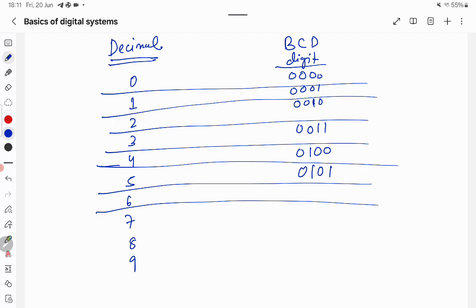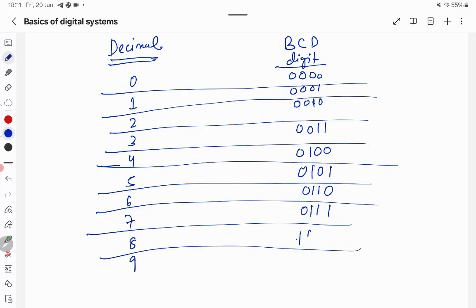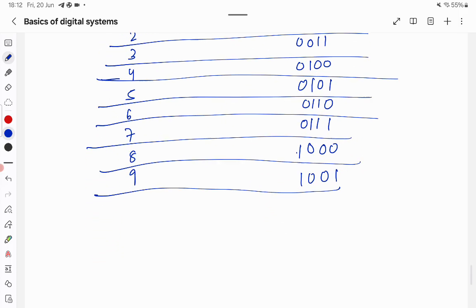Sixth one will be 0 1 1 0. Seventh one will be 0 1 1 1. Eighth one will be 1 0 0 0. Ninth one is 1 0 0 1. So this is the BCD representation from decimal.